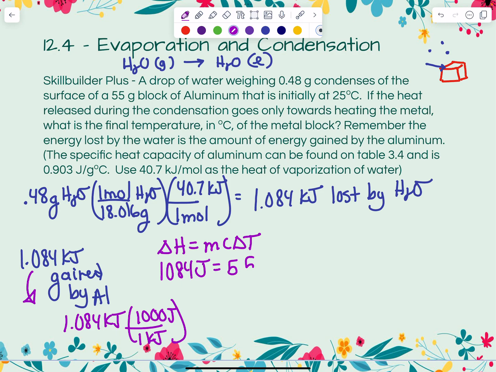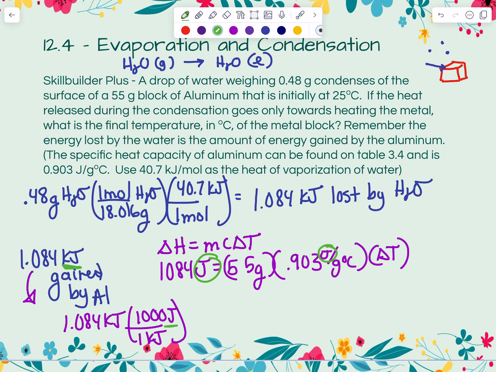It's 55 grams of aluminum. The specific heat capacity of the aluminum is 0.903 joules per gram degree Celsius. And then there's my delta T, right? I needed to convert this kilojoules into joules because this unit and this unit need to cancel out. When I divide both sides by 55 times 0.903, I get that the change in temperature of that piece of aluminum is 21.83 degrees Celsius.